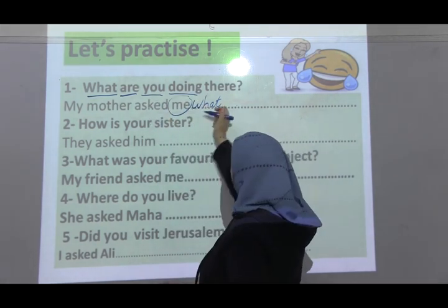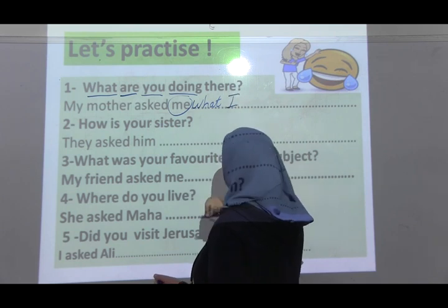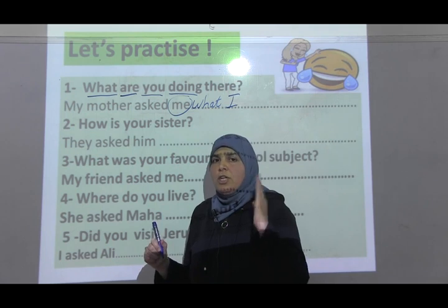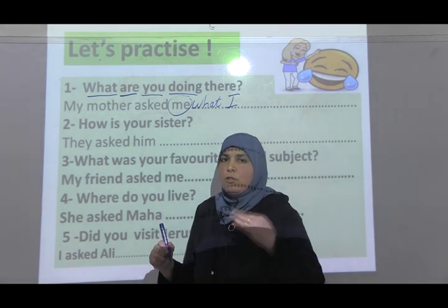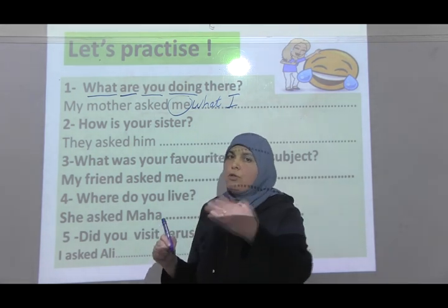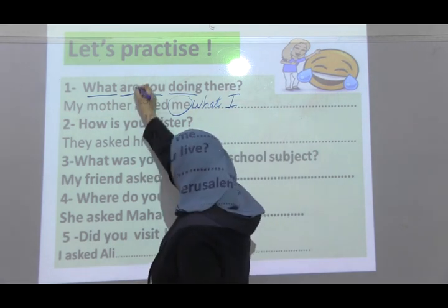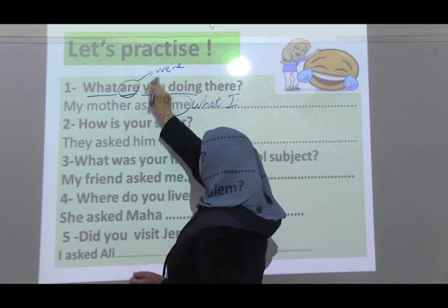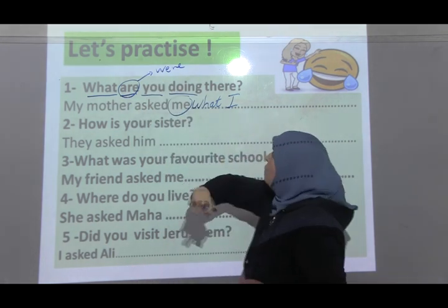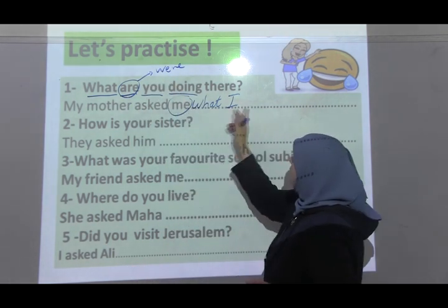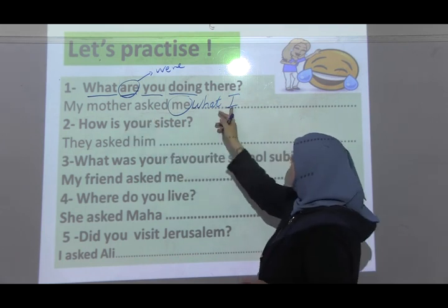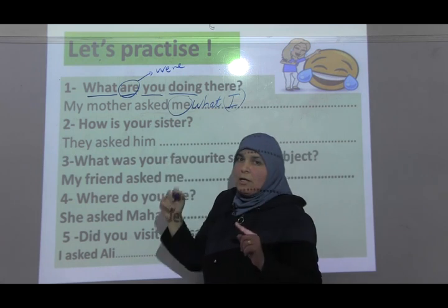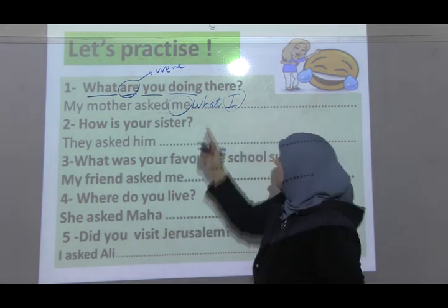My mother asked me what I. The verb is are doing. Do you remember that we changed the present continuous into the past continuous? We changed the present into the past. So I changed are into were. This is the past form of are. But when I put I here, my mother asked me what I, I change from were into its sister, was.